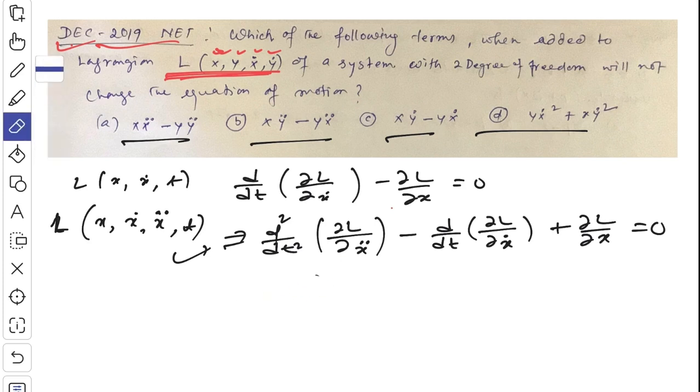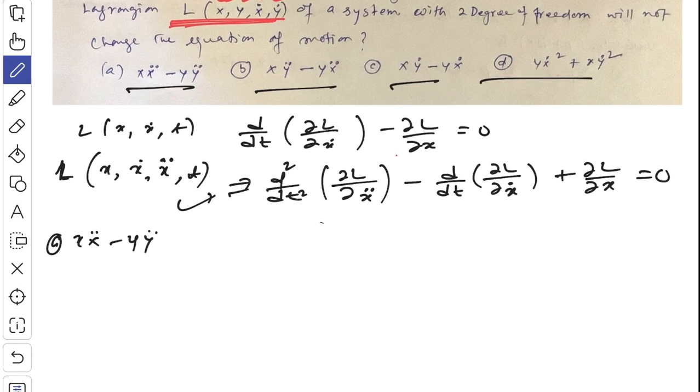So first let us check the first option. Option A is given here, x dot minus y dot. If you use this, then what will you get? The second order derivative: if you differentiate with respect to x double dot, you will get x only, and the remaining part will be 0.